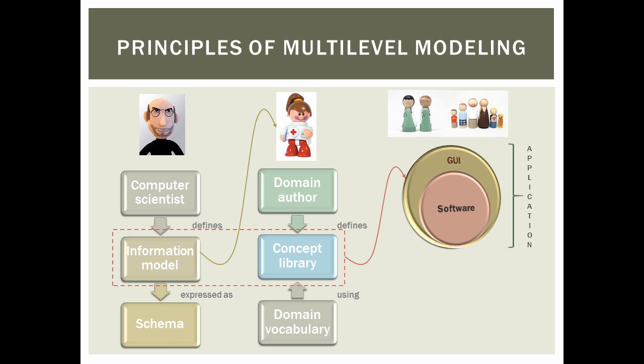And then you can have different types of users. And here I'm showing healthcare professionals on the left, but I'm showing you on the right a family, because actually when I talk about healthcare applications, I'm not only thinking about electronic medical records inside hospitals.